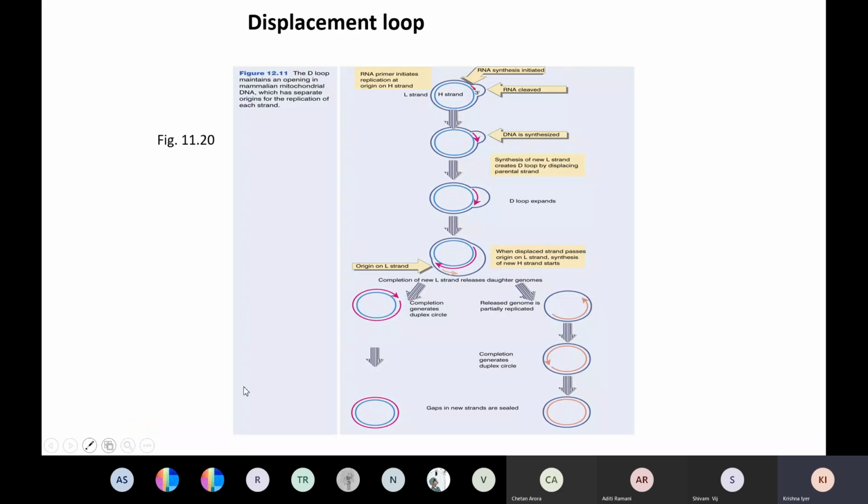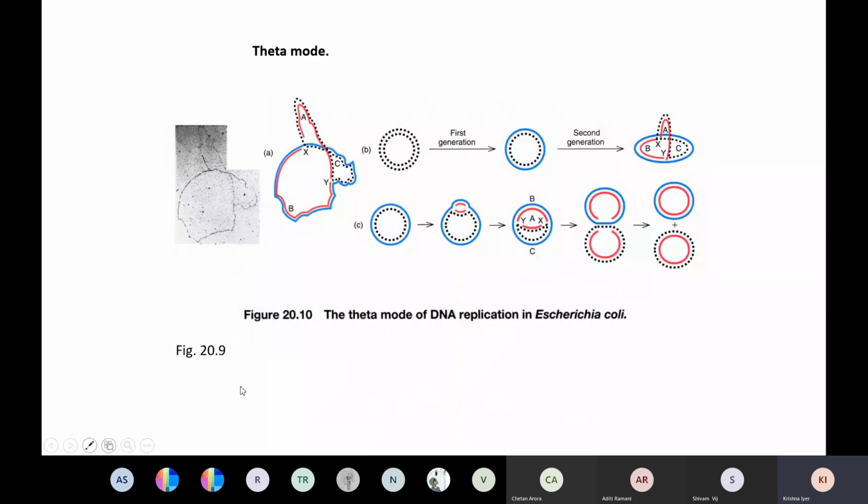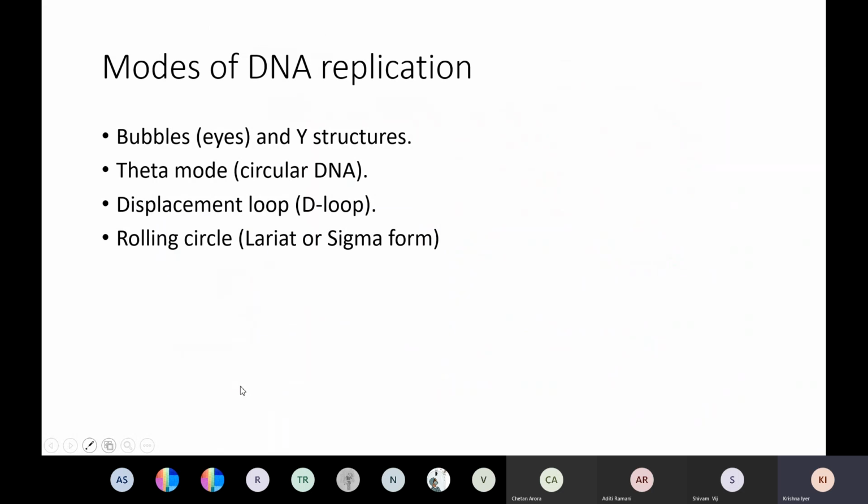Okay. So if you recall, in the last lecture, after we looked at in general what DNA replication is and some features of DNA replication, namely that DNA replication is semi-conservative, DNA replication occurs in a bidirectional fashion from what we call the origin of replication, and also that DNA replication always proceeds in a way that DNA is made in the 5' to 3' direction, and that the process itself is semi-discontinuous.